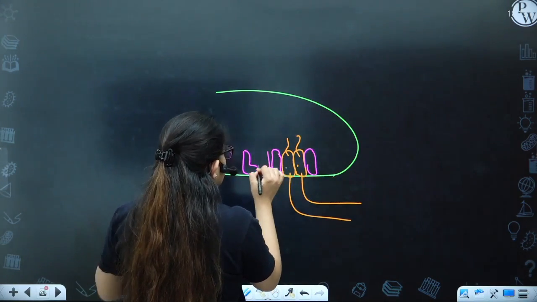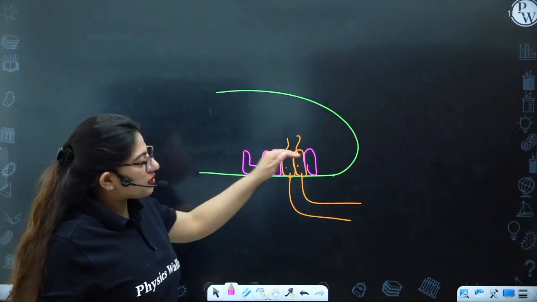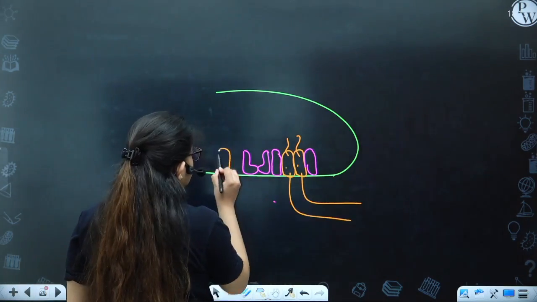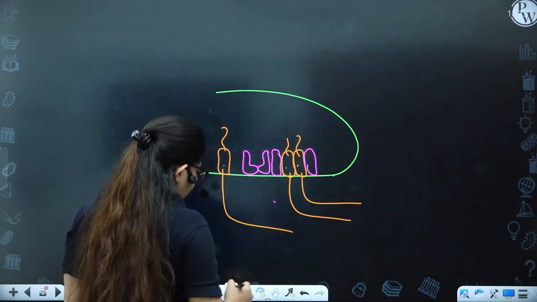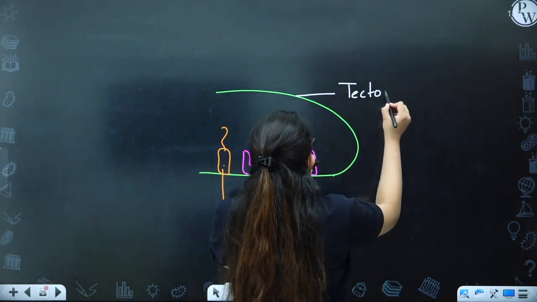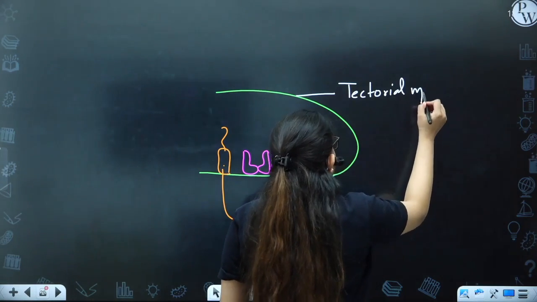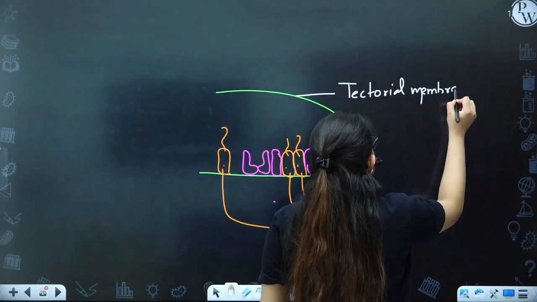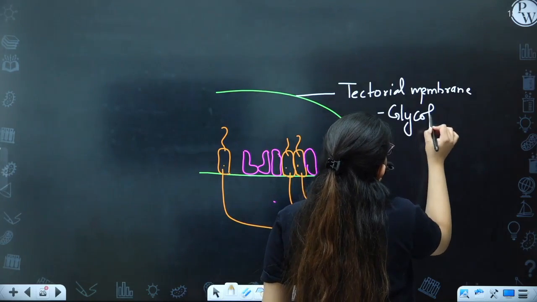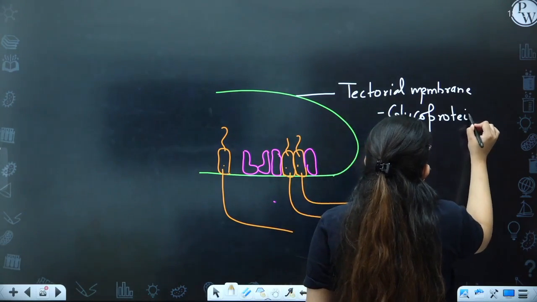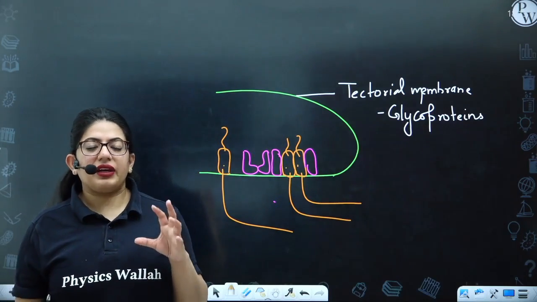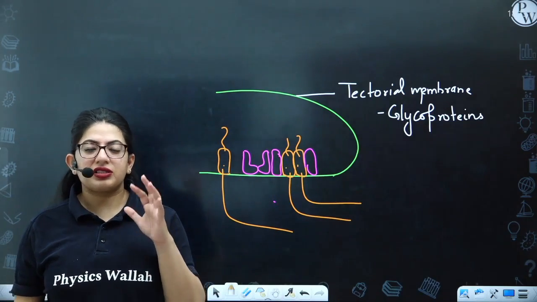The cells present towards the inside are the inner hair cells, and the cells present towards the outside are the outer hair cells. And this membrane is the tectorial membrane. This tectorial membrane is made up of glycoproteins.